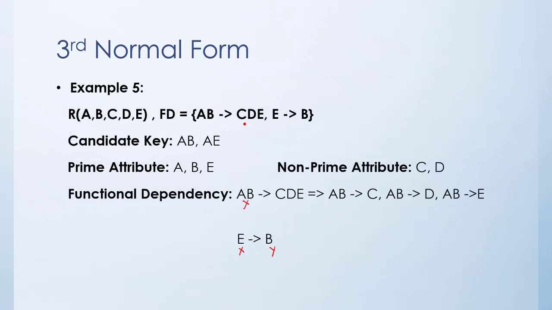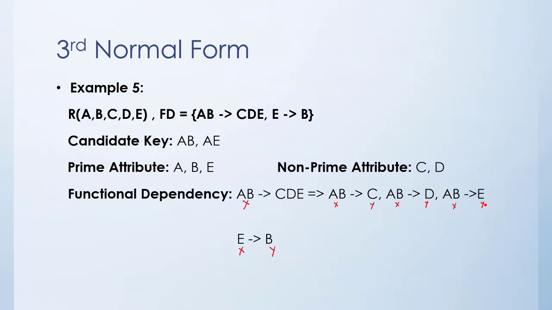Now CDE cannot be my Y because Y should be a single attribute. So using the decomposition rule, we can write AB determines C. So this is my X, this is my Y. AB determines D, this is my X, this is my Y. And AB determines E, this is my X, this is my Y.